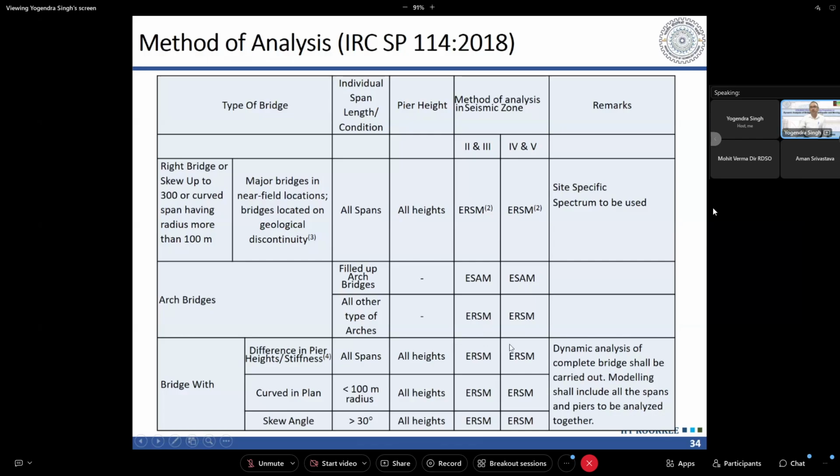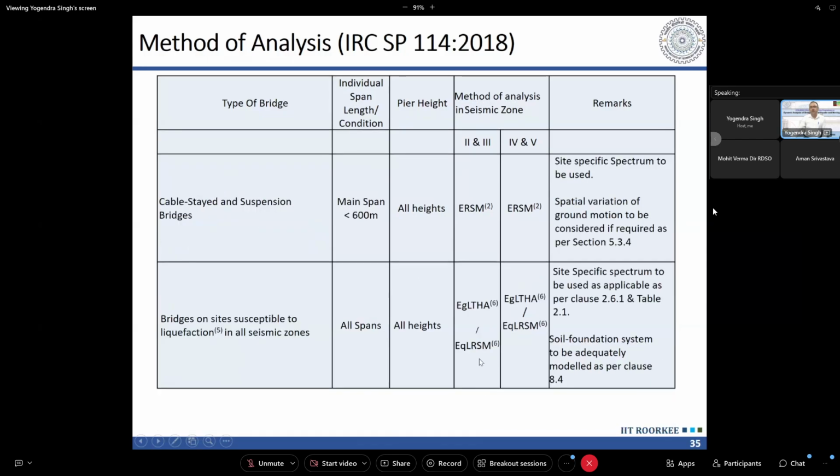And as I told you, you can see at most of the places it is ERSM. So equivalent response spectrum method or elastic response spectrum method, which is nothing but the mode superposition or response superposition of the response of the structure in different modes. That is the most commonly used method. Most of the places you will find that.